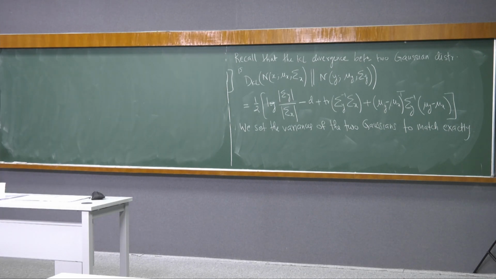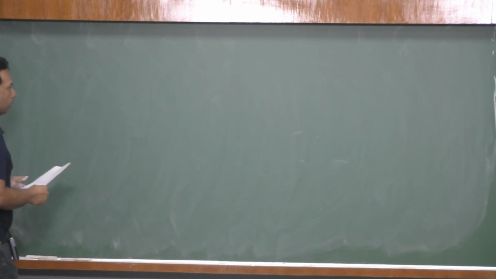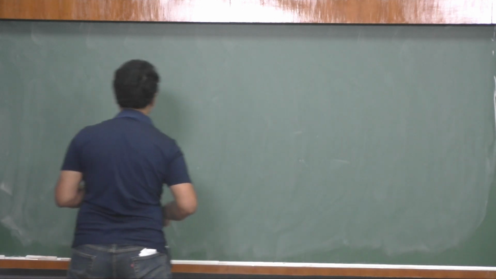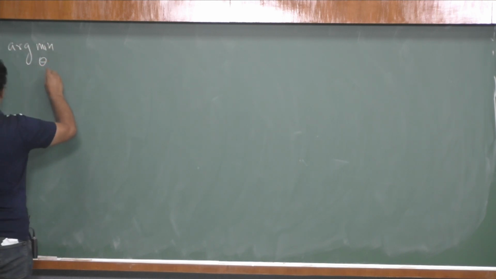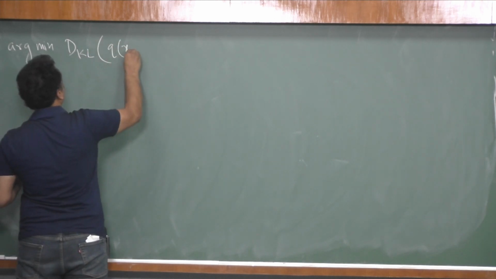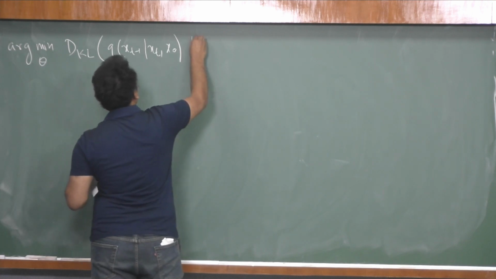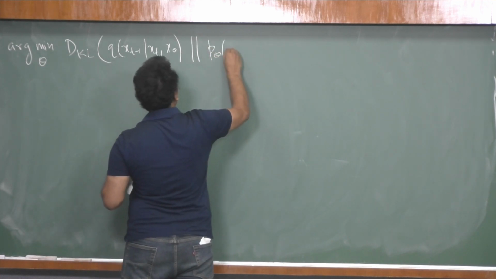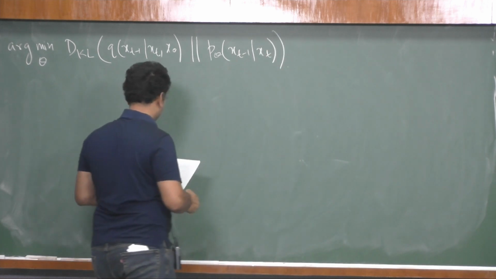Continuing, we have the KL divergence between the q and the p that we had, and we are supposed to minimize that. So we have the argmin over theta of the KL divergence between q of x t minus 1 given x t, x naught, compared with p theta of x t minus 1 given x t.